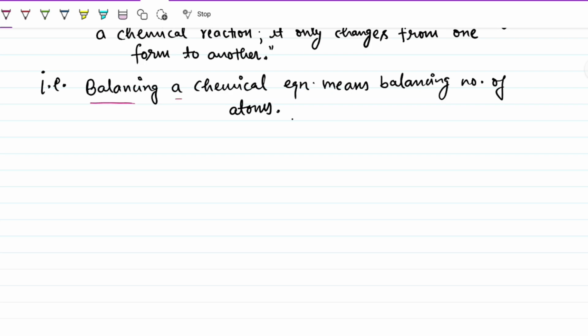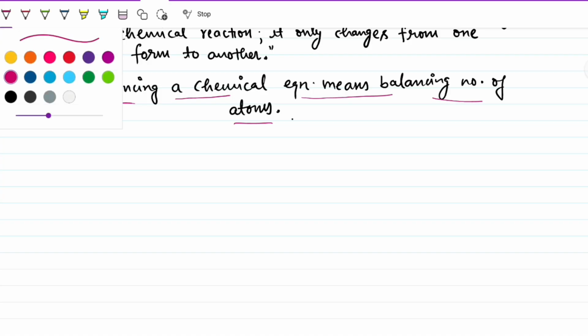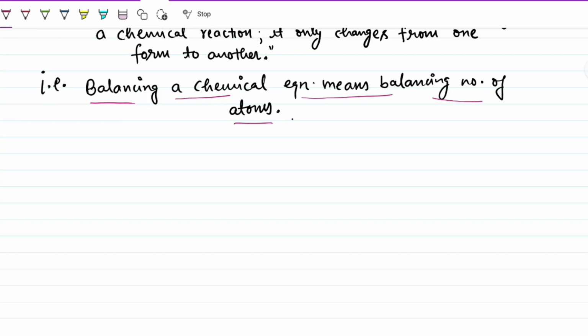So basically, when we are balancing a chemical equation, it means we are balancing the number of atoms. The number of atoms on both sides, reactant as well as product, should be equal. The substances written on the left side of the arrow are called reactants, and those on the right side of the arrow are called products.